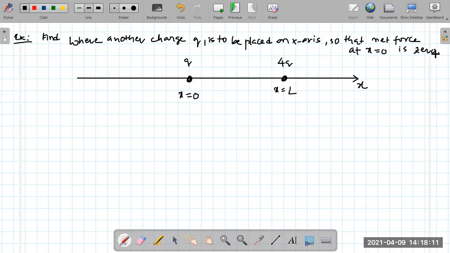Net force at x equal to 0 is 0. That means, let me name these charges. Let me call this A. Let me call this B. They're asking us to place another charge Q at some point on the axis so that the net force is 0.